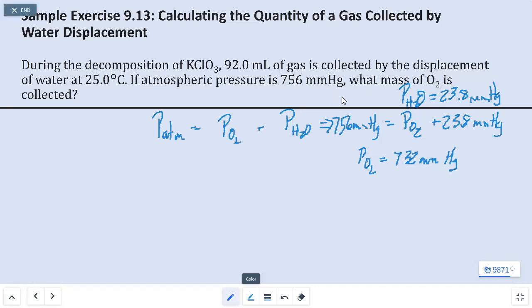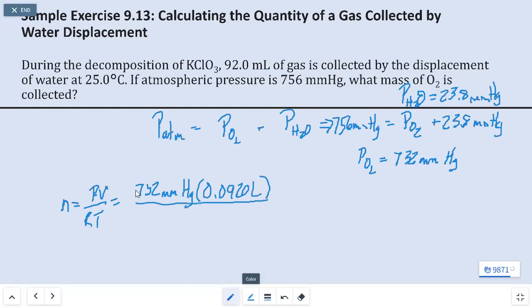We're going for the mass of oxygen, so we need to figure out the number of moles. n is equal to PV over RT. Pressure, 732 millimeters. Volume, 92 milliliters, turned to liters would be 0.092. Since we're in millimeters of mercury, R is 62.36 liter millimeters per mole Kelvin. 25 Celsius is 298 Kelvin.